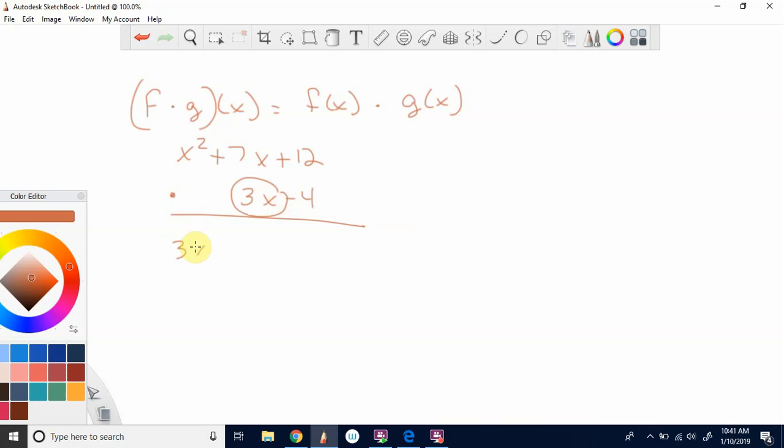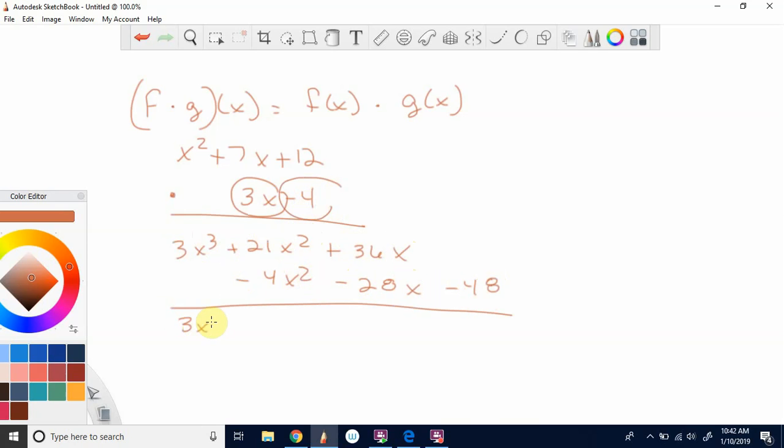So we get 3x cubed plus 21x squared plus 36x. Now I'm going to do negative 4, so negative 4x squared minus 28x minus 48.